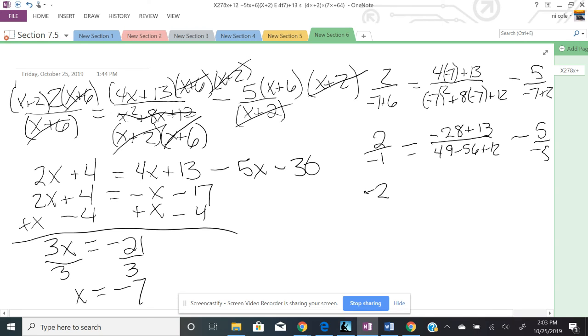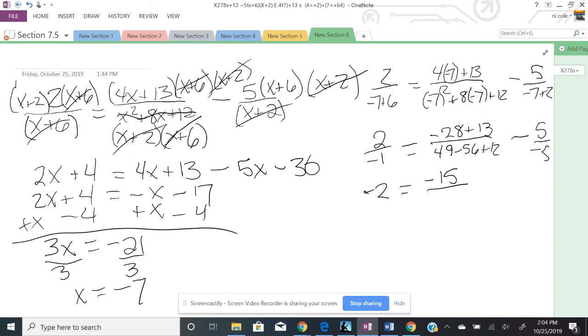Is negative 2 equal to negative 28 plus 13, which gives me negative 15, over 49 minus 56, which is negative 7?